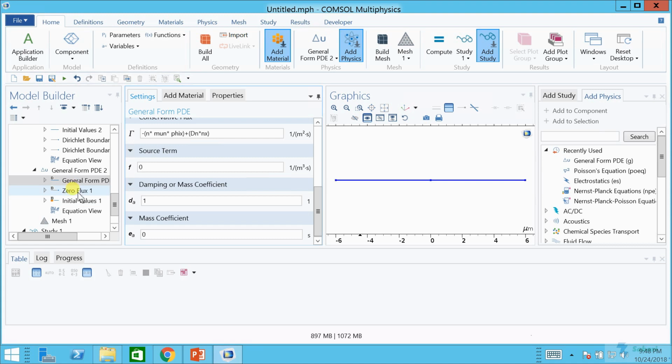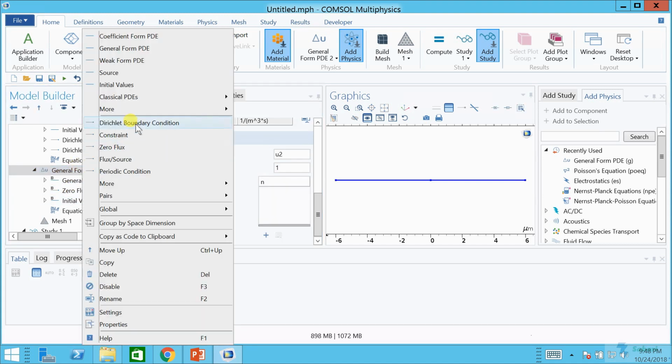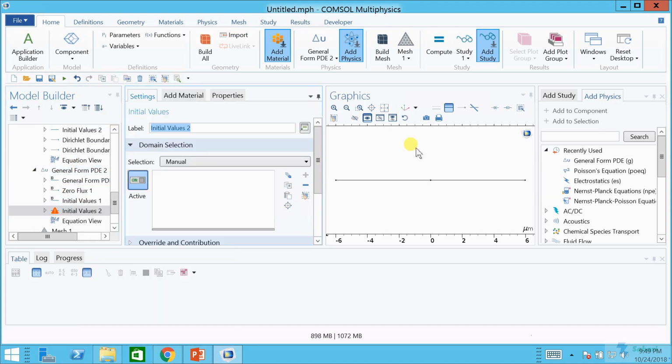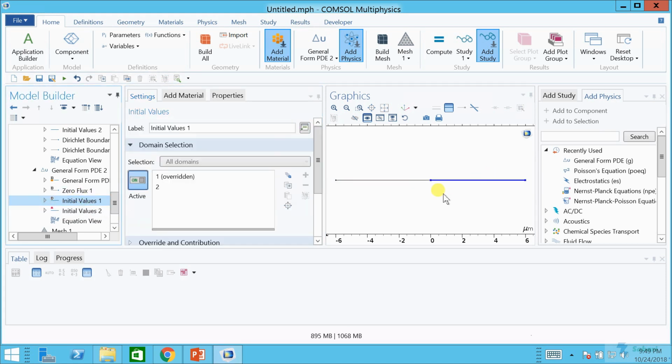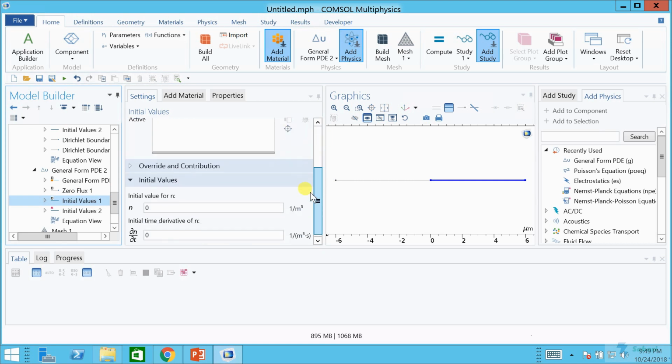Here, as the same, we have to make the initial values in the two regions. So I'm going to select the initial value for the n region. This is the initial value of electrons in the p region, which is equal to n naught p, and the initial value of electrons in the n region, which is n naught n.